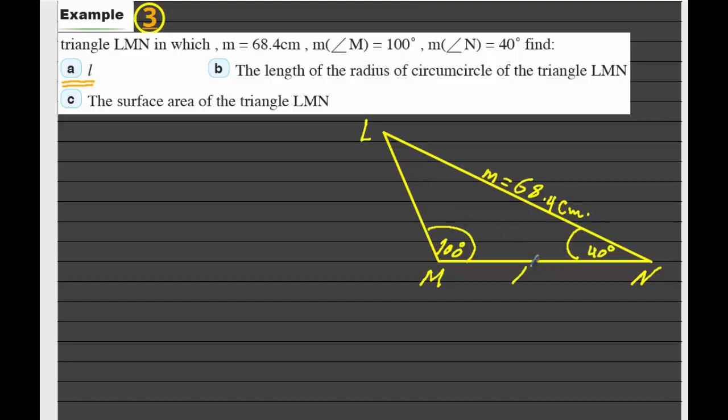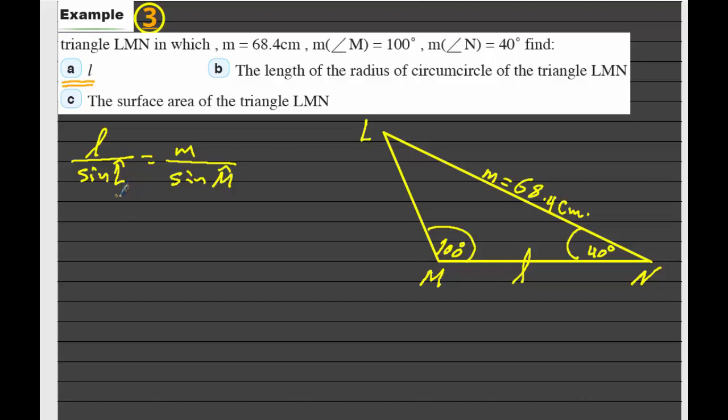L equals MN. So L over sine angle L equals M over sine angle M.